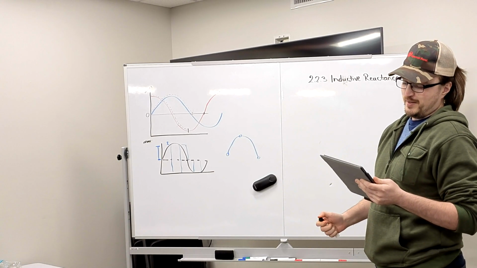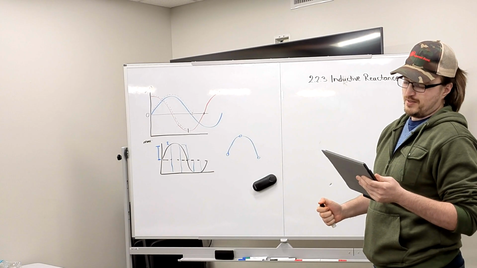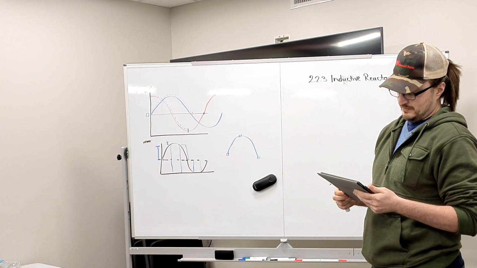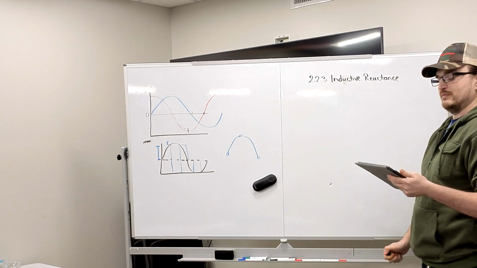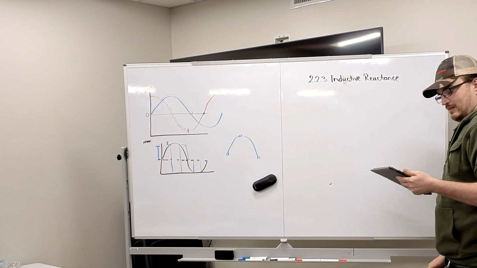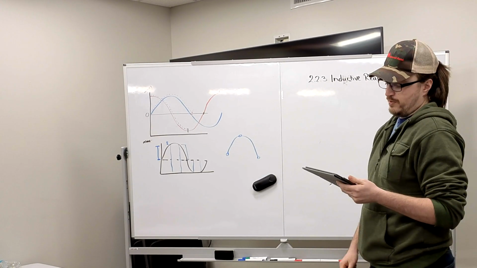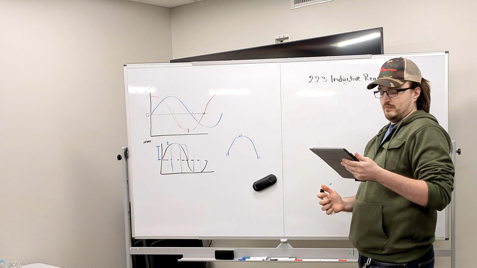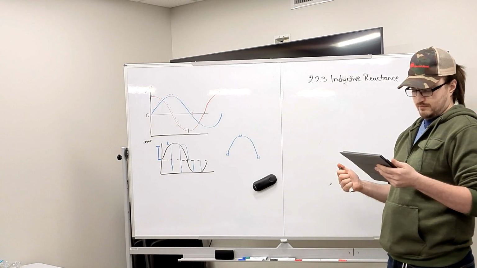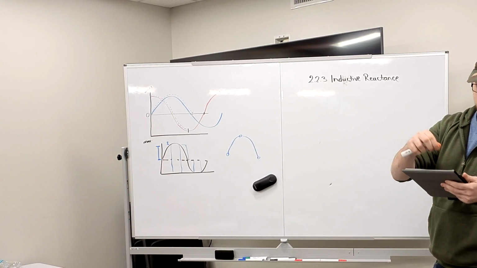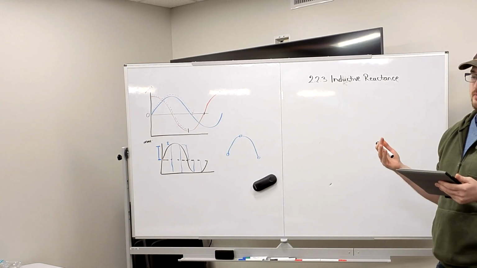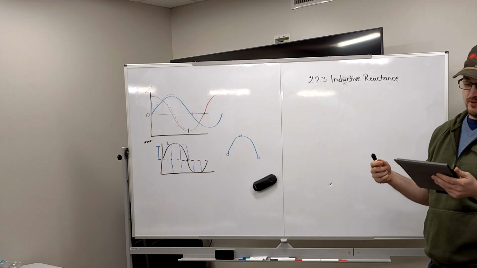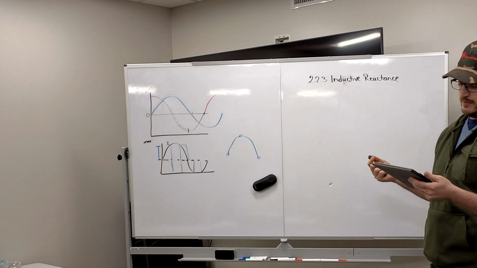Why can't an inductor start with, what's resistance? The specific definition is the result of friction in the conductor.